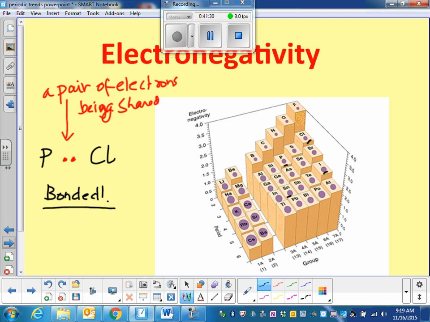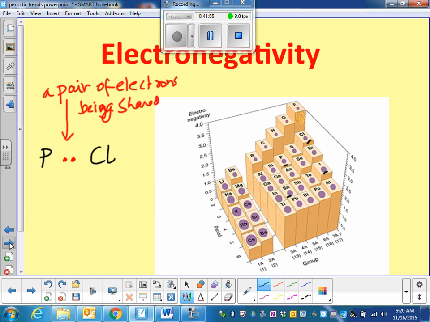But who has more control in a marriage? Is it the man or the woman? Or between homosexuals, whatever it is. Now, the question is, between elements, which will have more pull of the electron pair?